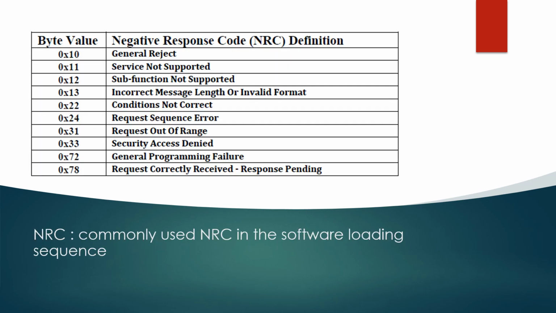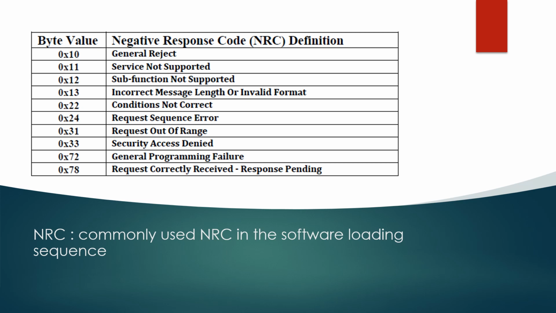As we were talking about the negative response code in the previous slide, here the negative response codes are given, along with the meaning of each. The first one is general reject, where the value is hex 10. Then service not supported, which is 11. Then function not supported, 12. Incorrect message length or invalid format, which is 13.